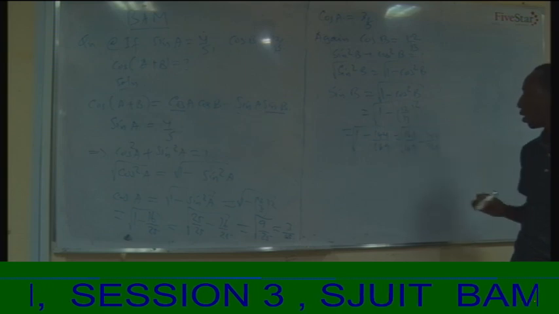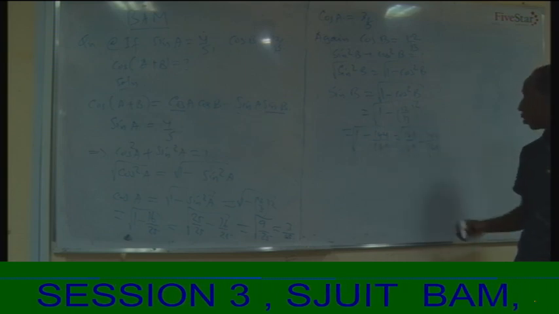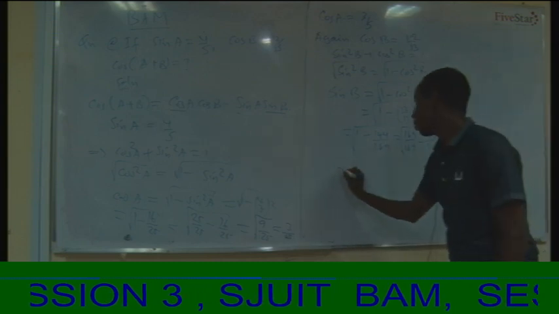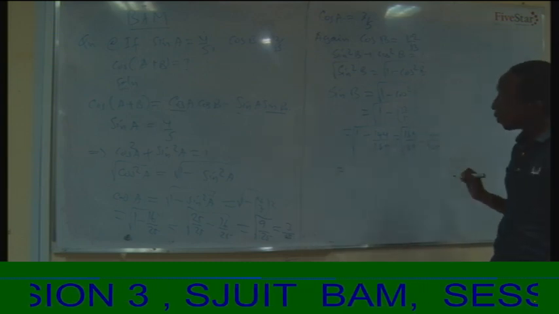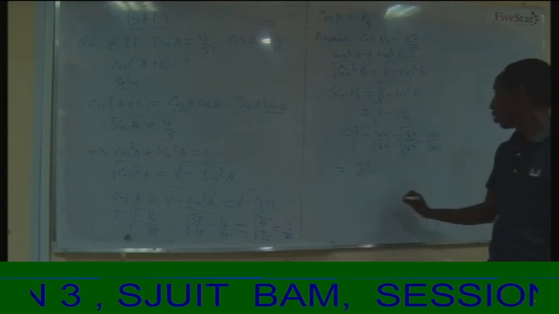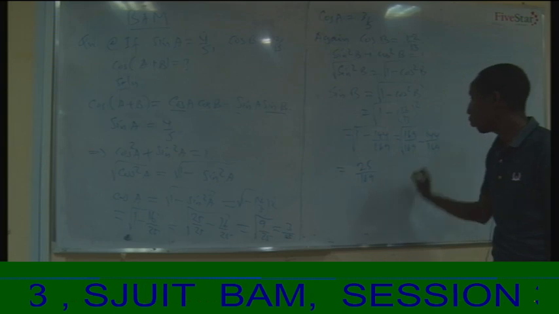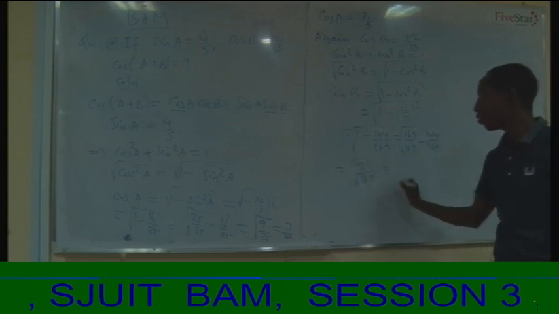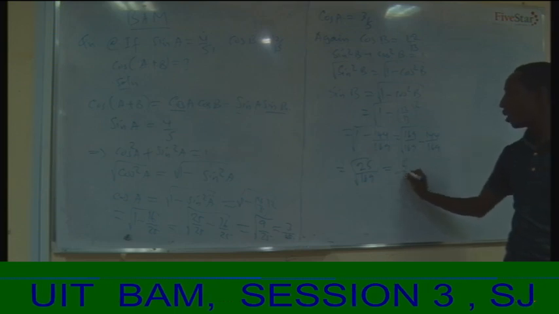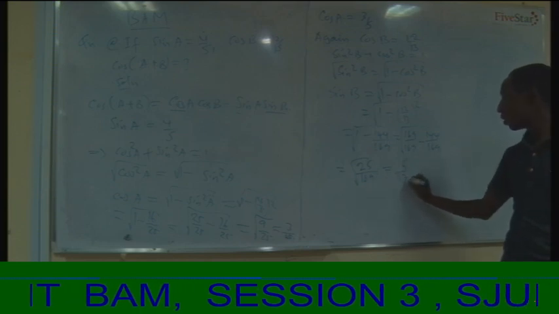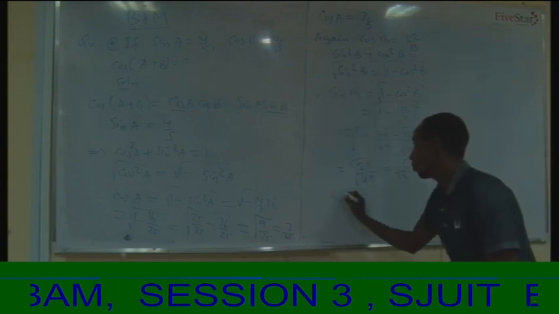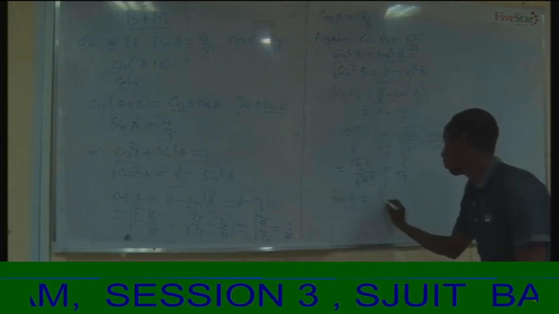I make the denominator the same, then I just subtract, so it will be 169 minus 144, under the square root. The square root of 25 is 5, and the square root of 169 is 13. So here we now have sine B. Sine B is now equal to 5 over 13.